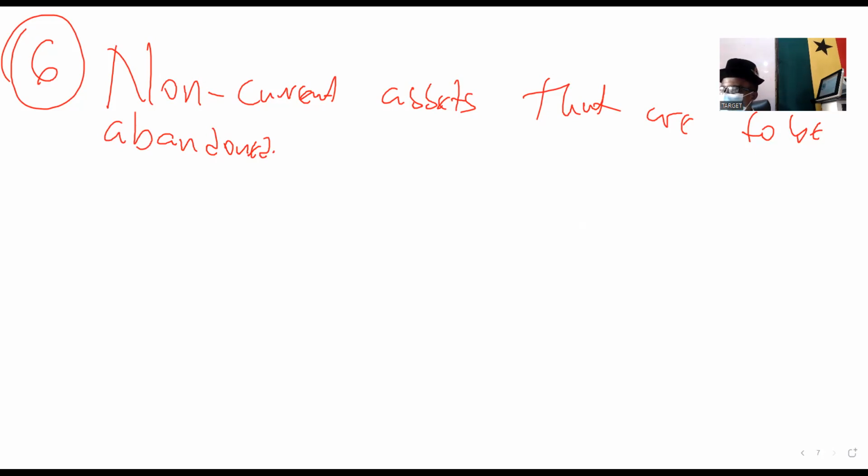If we are to abandon the asset, the reason is very clear, and we explain why we cannot record non-current assets that are to be abandoned as held for sale, because the carrying amount will be recovered principally through its continued use. Good. So that is why we don't record abandoned assets.